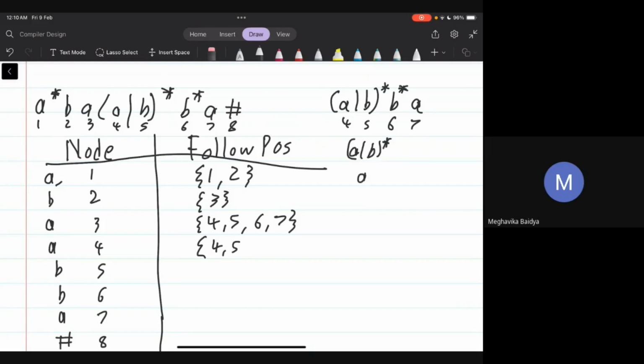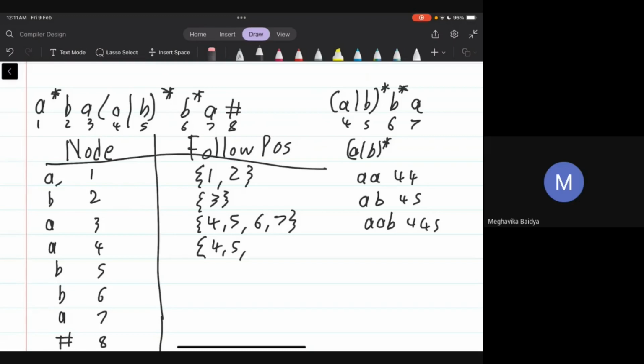So that means A can be followed by A, or A can be followed by B, or anything, right? One second, I'll write it down. So this is 4, 4, this is 4, 5, this is 4, 4, 5. So 4 can be followed by 4, or 4 can be followed by 5, right? So we wrote 4 and 5.